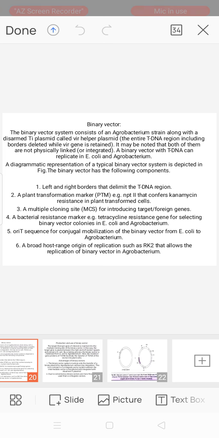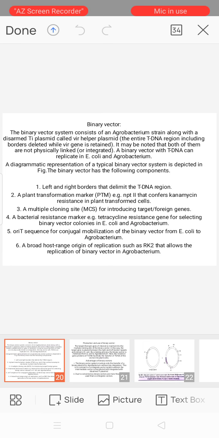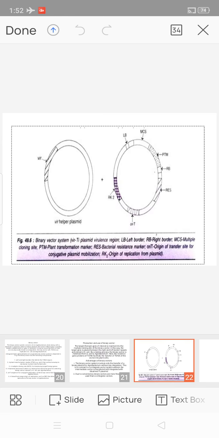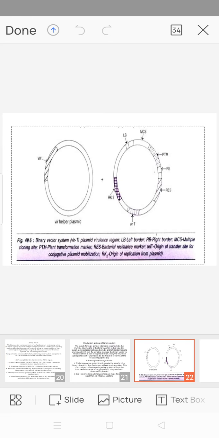A diagrammatic representation of the typical binary vector system. Left and right borders that delimit the T-DNA region.